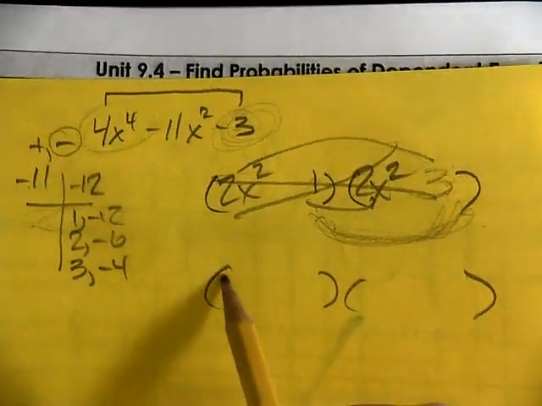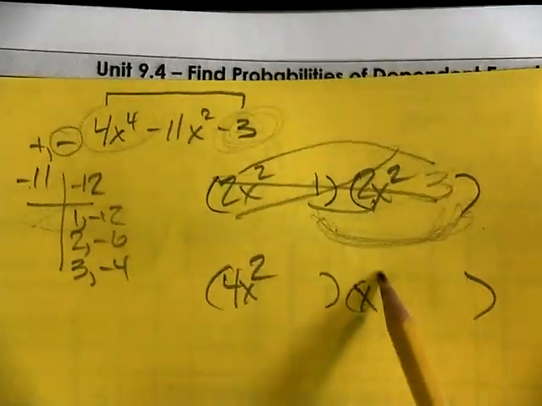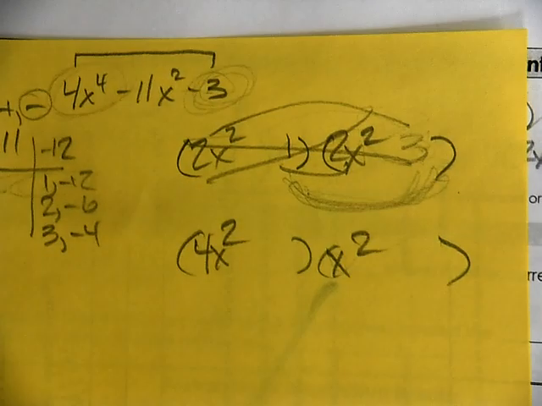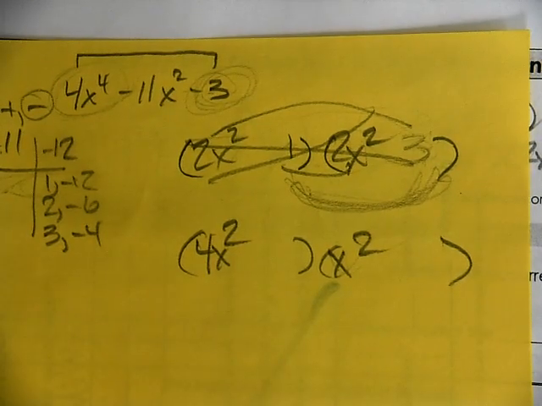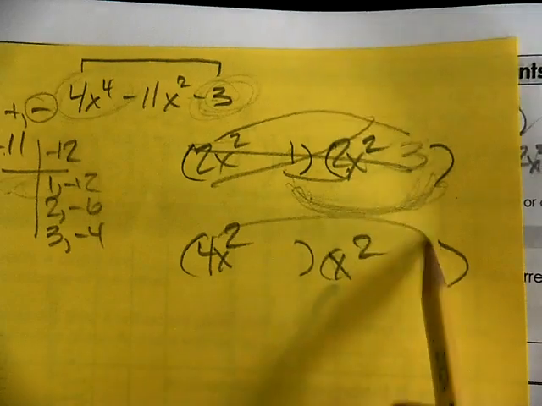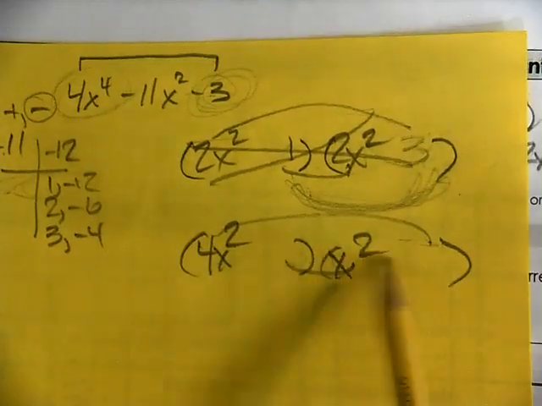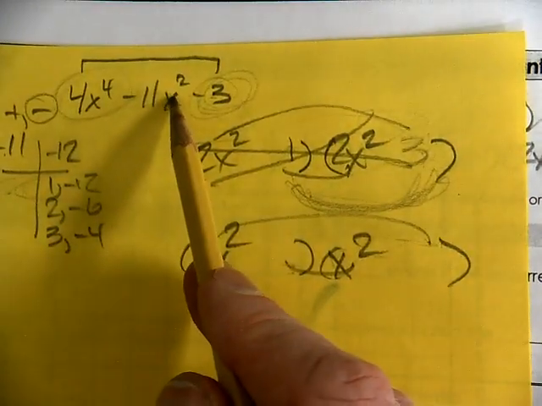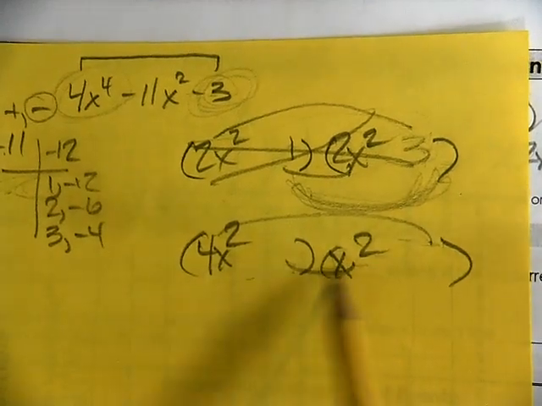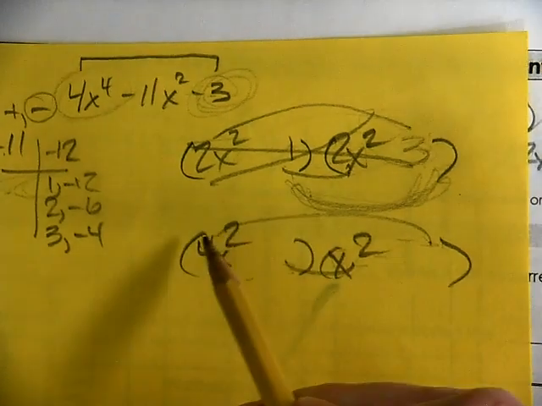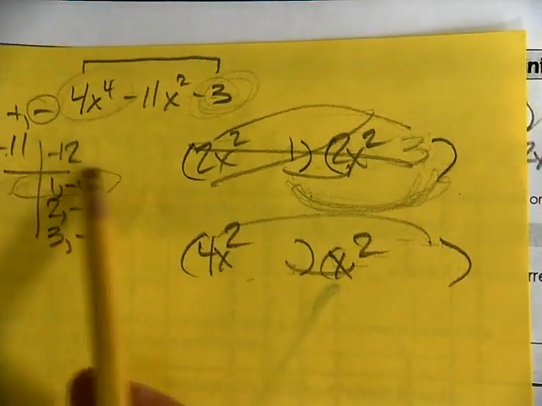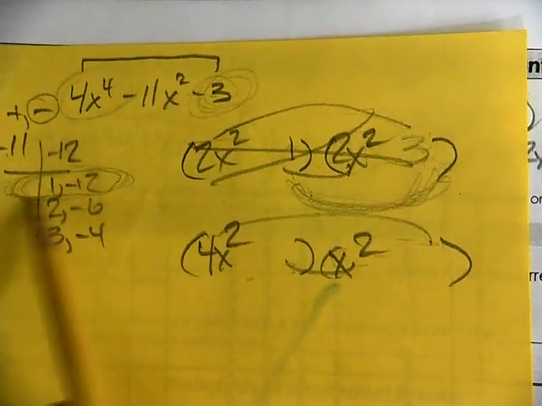So my other way is 4x squared and x squared. That's the only other option I have. Because my outer and my inner have to have like terms that are both going to be squares. So that's why both the x's have to be squares. Now, my table is telling me I need to get a 12.